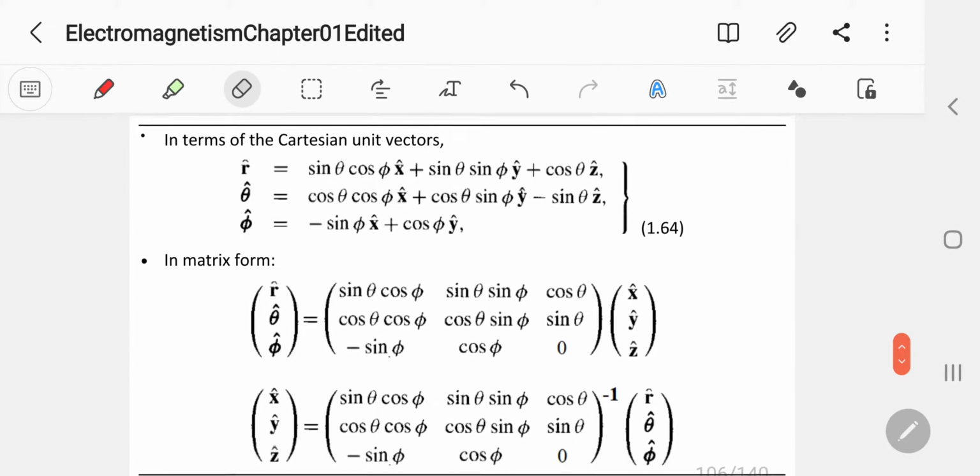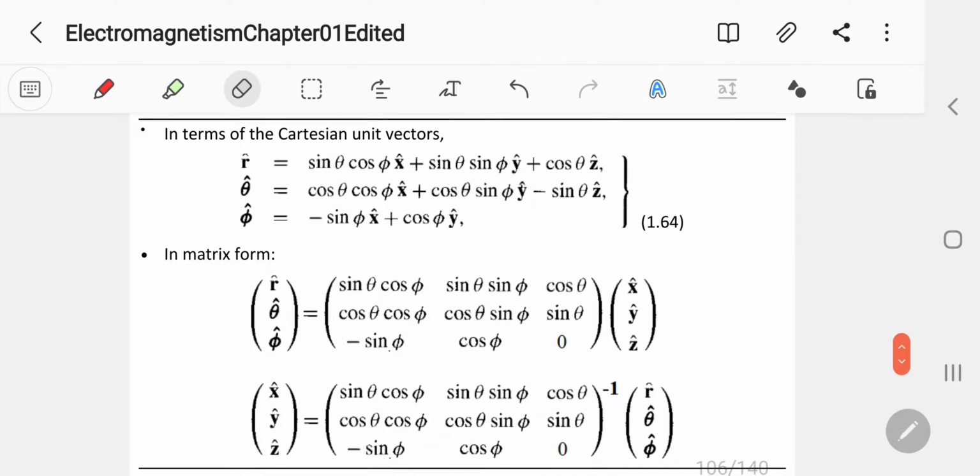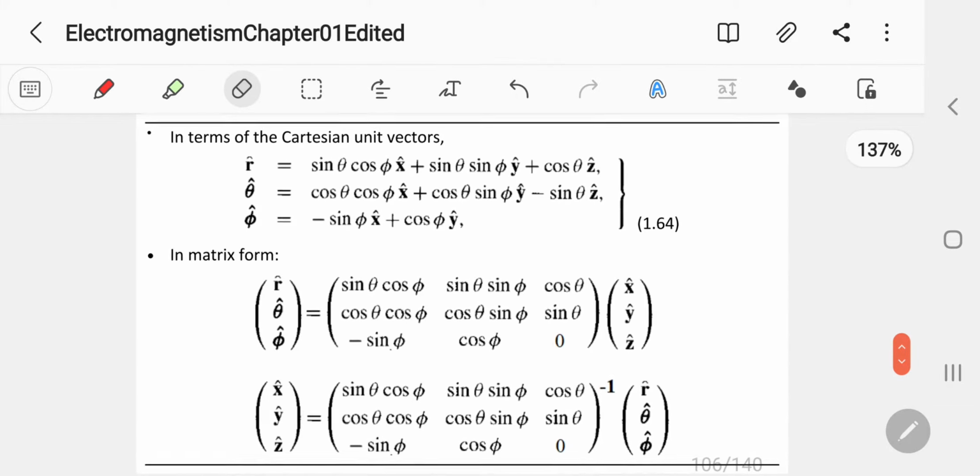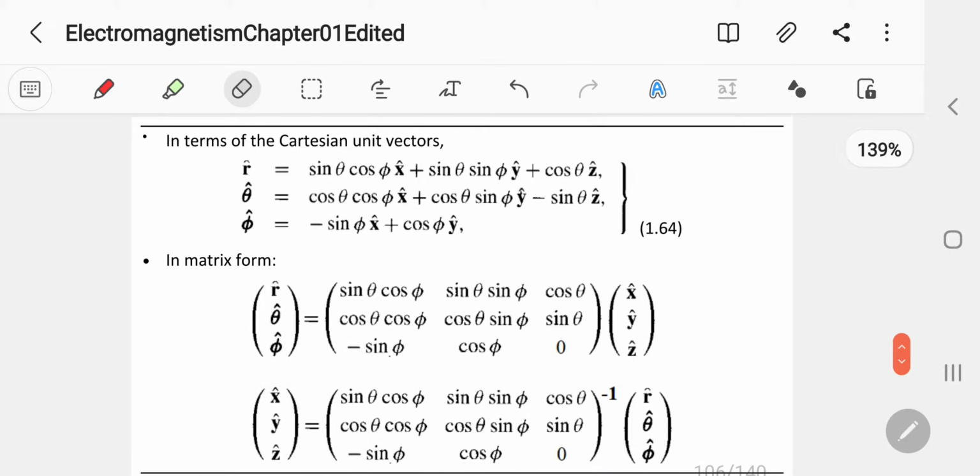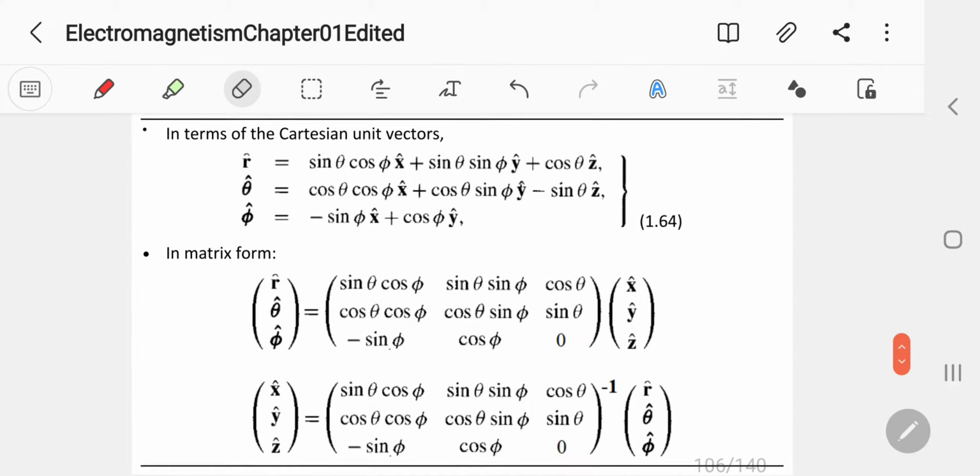So in terms of the Cartesian coordinate or the rectangular coordinate system, you have r hat equal to sine theta cosine phi x hat plus sine theta sine phi y hat plus cosine theta z hat.